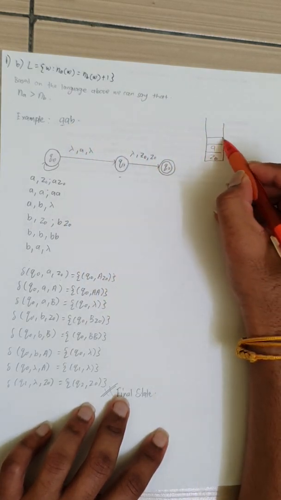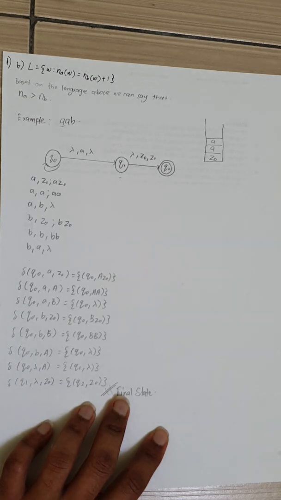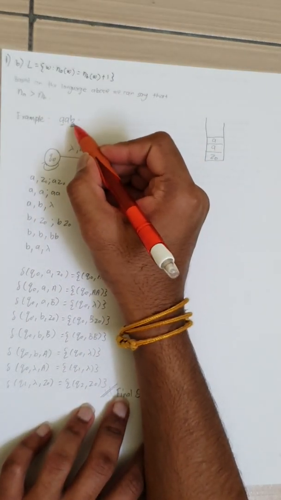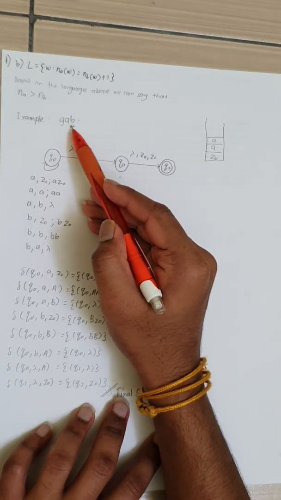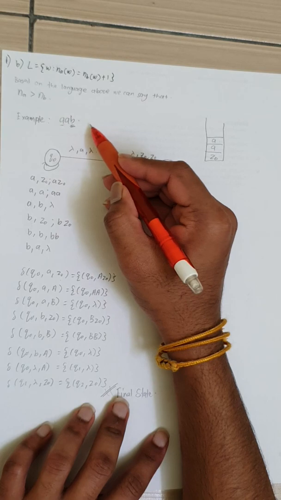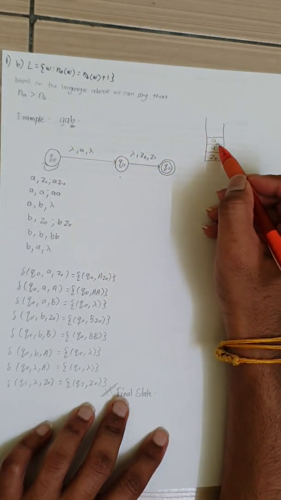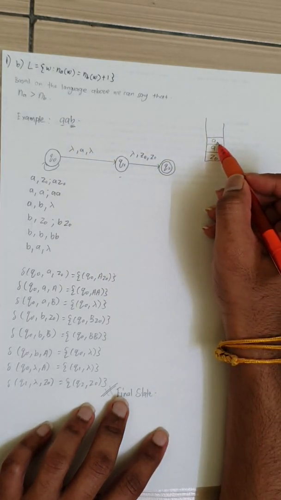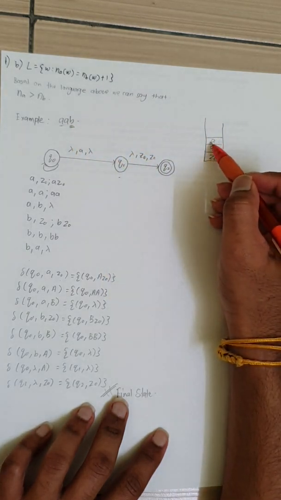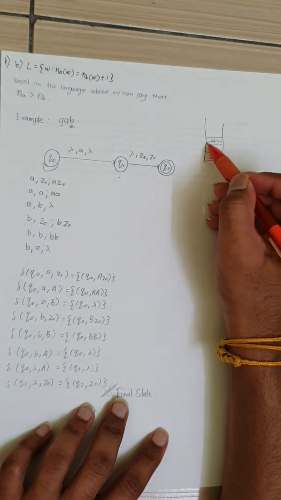So it adds another A. When it scans a B, the top of the stack is A, so it cancels. So we can see that the input of B removes A, so we cancel A.